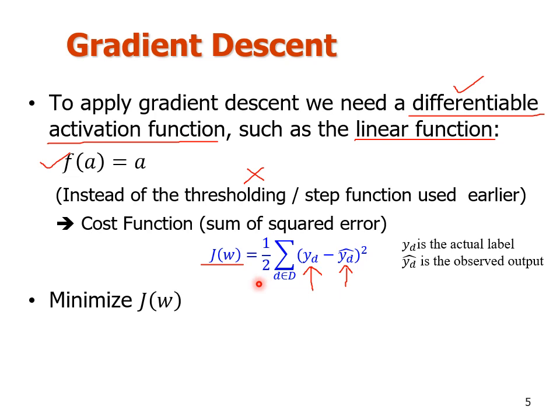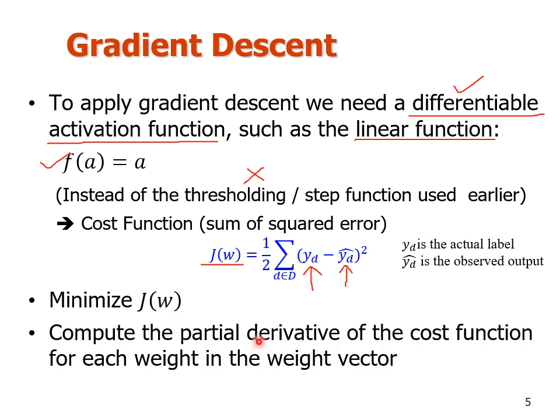Thus, we would like to minimize this cost function J of w. So, we are going to compute the partial derivative of the cost function for each weight in the weight vector.